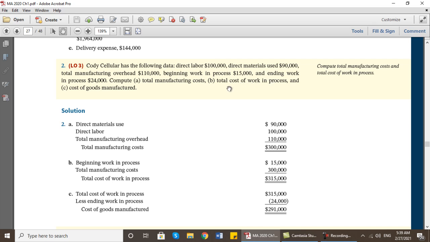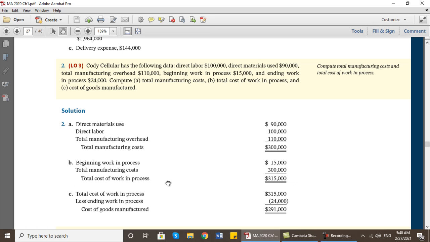Total cost of work in a process equal beginning work in a process from the period plus current total manufacturing cost for this period equal total cost of work in a process.